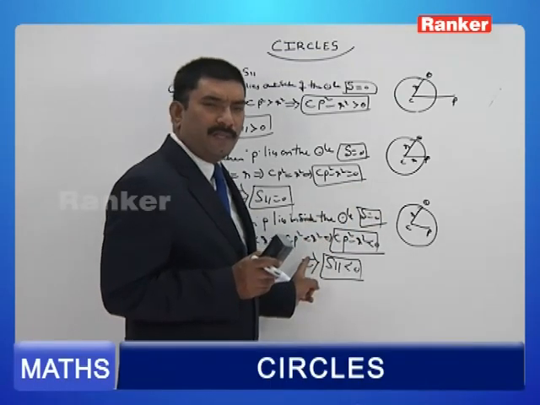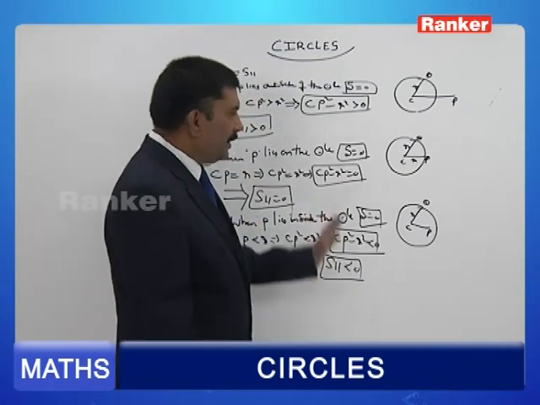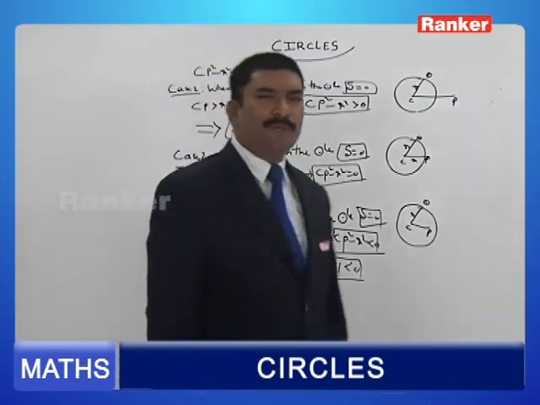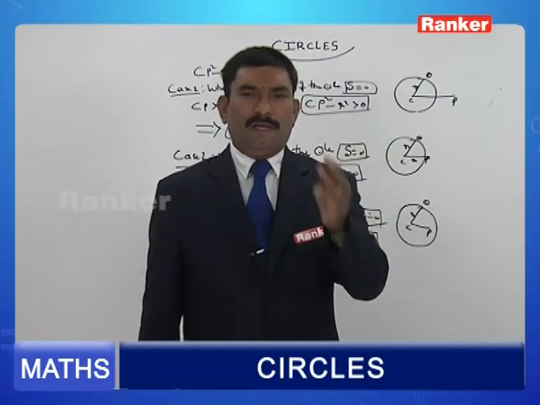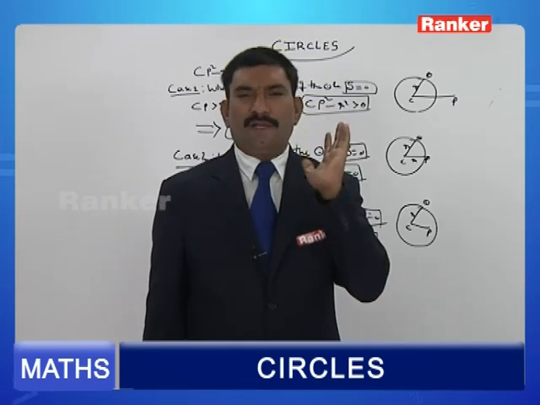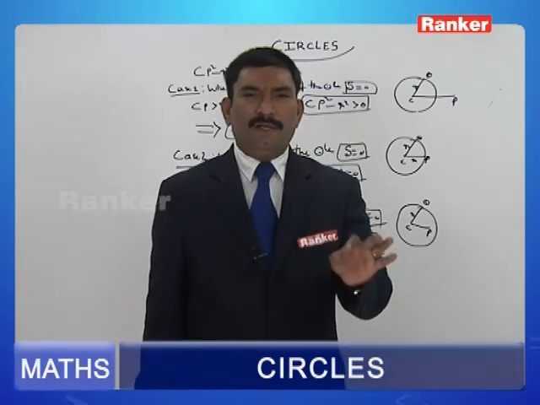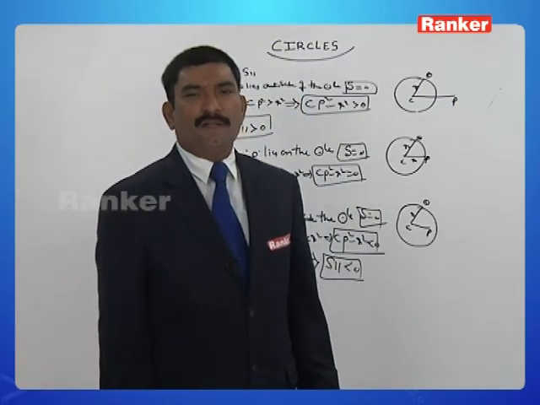When the point lies inside the circle, S11 is less than 0. So this is about the position of a point P with respect to the circle in 3 positions. One is inside the circle, one is on the circle, one is exterior to the circle, I mean outside of the circle.